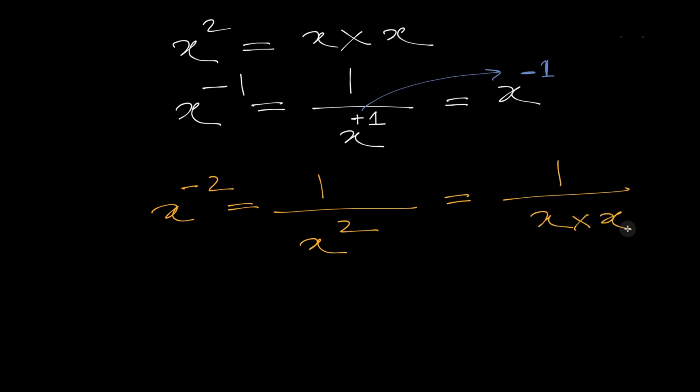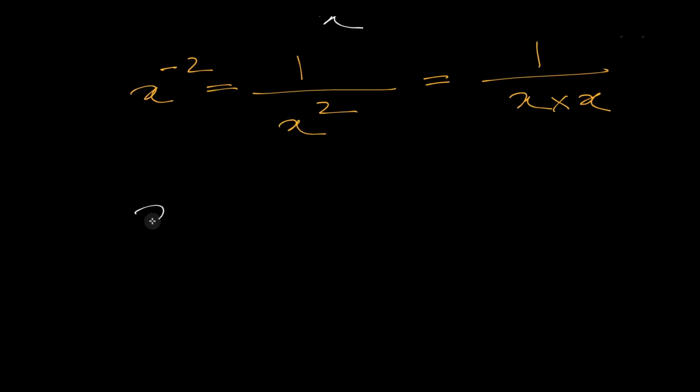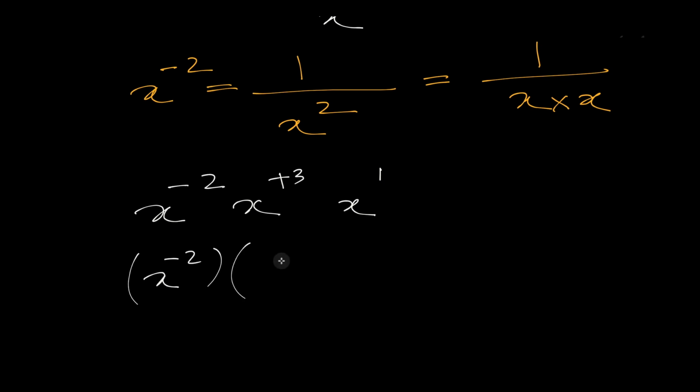So to solve this equation, we'll see one more example. Let's say x to the power minus 2, x to the power of plus 3, x to the power of 1. Now all these are getting multiplied, so we can say x to the power minus 2, bracket, sign of multiplication, x to the power of 3, which is a plus 3 actually, and x to the power of 1, but we can skip that.